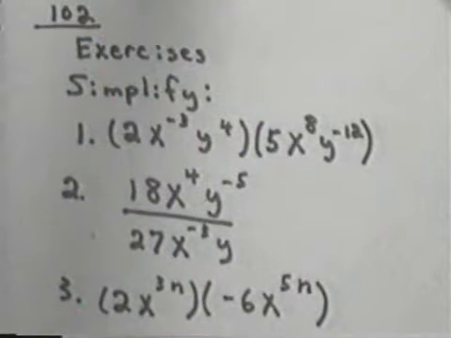Simplify. The first one, 2x to the negative 3, y to the 4th, times 5x to the 8th, y to the negative 12. The second one, 18 x to the 4th, y to the negative 5, divided by 27 x to the negative 3, y.